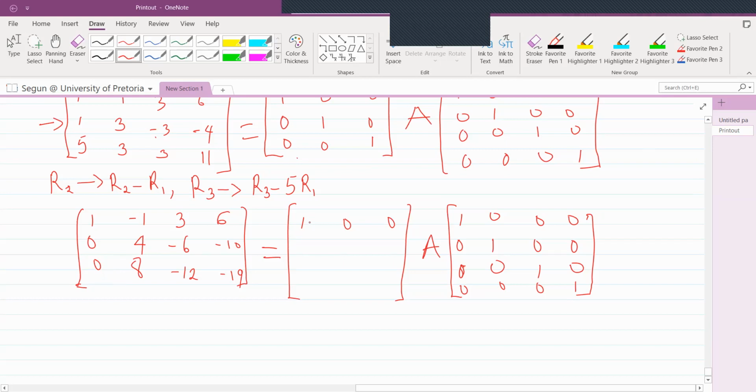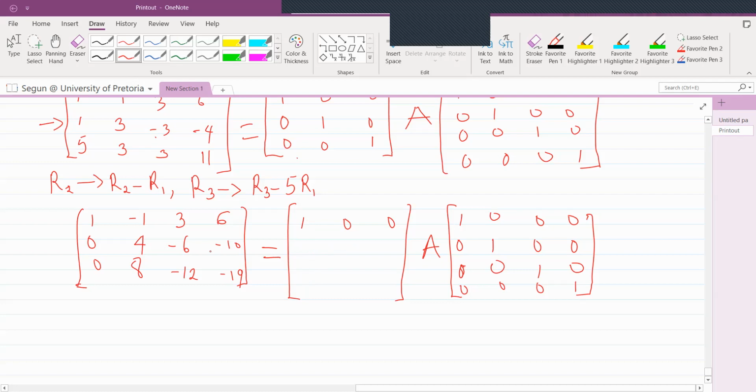This first one we just solved now. This R2 minus R1, and then R3 minus 5R1. We've not done the other side. I've not filled the row. I just quickly write this one out. We can't leave it this way.